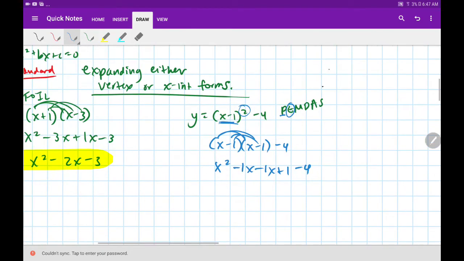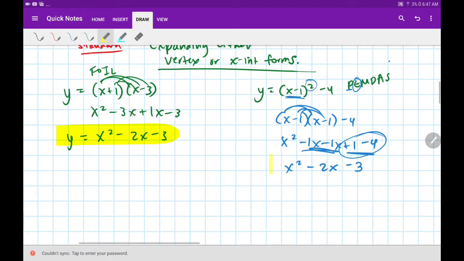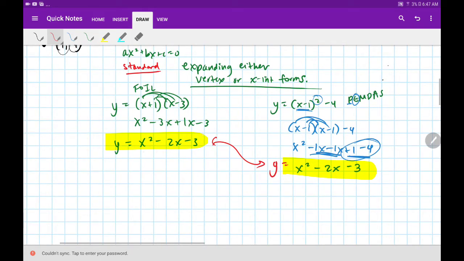And then don't forget the minus 4 at the end. And now we just combine like terms, add and subtract from left to right. So it's x squared minus 2x. And then plus 1 minus 4 is actually minus 3. And notice, I know for a fact that I did this correctly because I got these to match. And so this would be the answer for standard form.